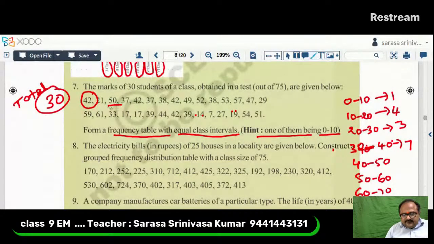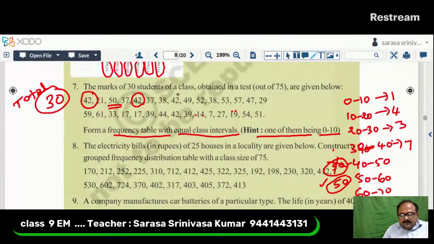Here 50 is here, but we should consider this 50 in the next class interval, 50 to 60. We should not consider 50 in the 40 to 50 class interval. So this is what all students must understand.